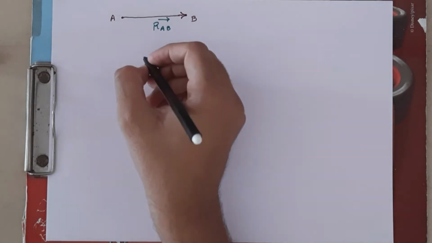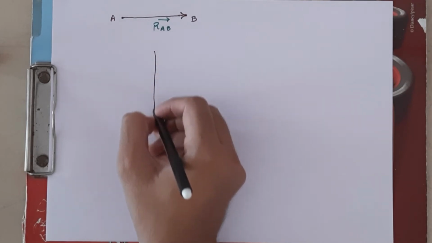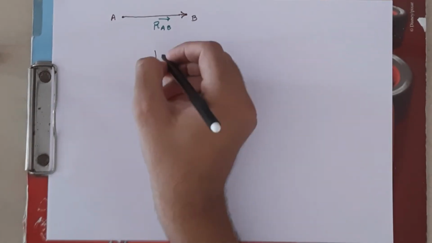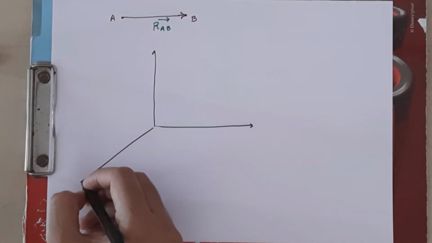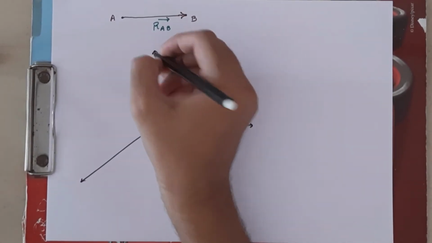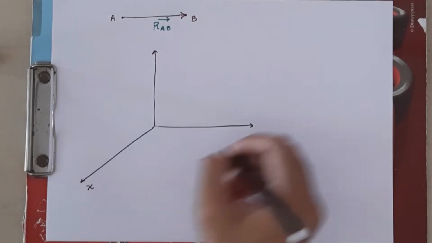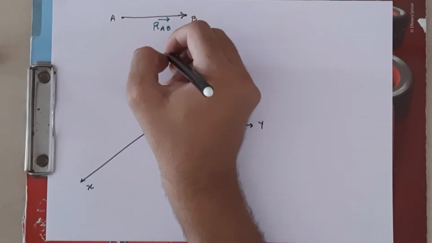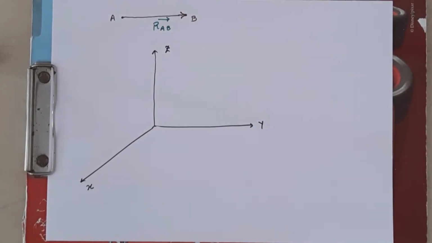Let us draw the Cartesian coordinate system. These are the three axes, x, y and z. All three axes are perpendicular to each other, that means they make a 90-degree angle.